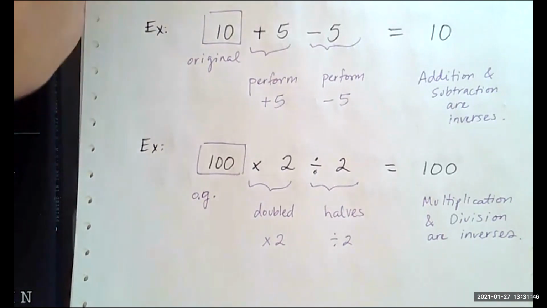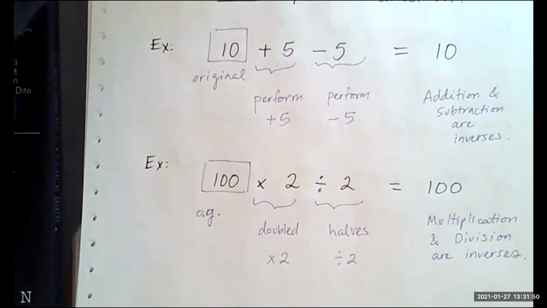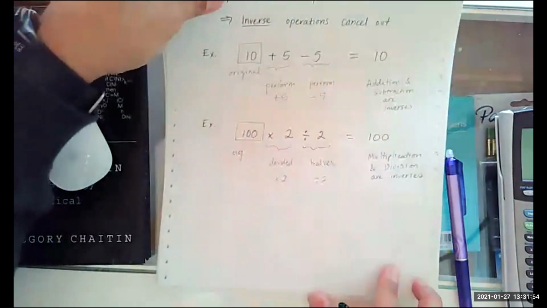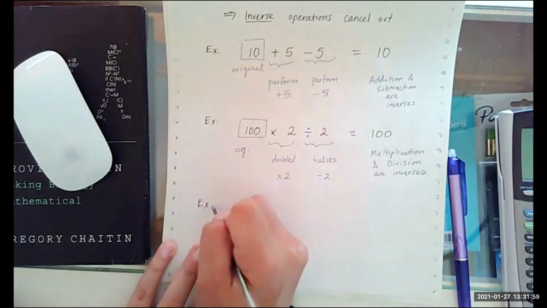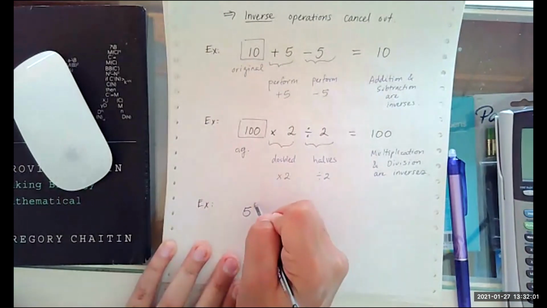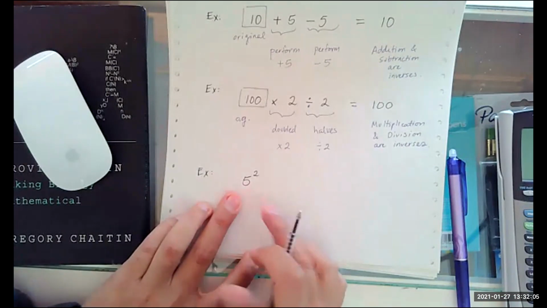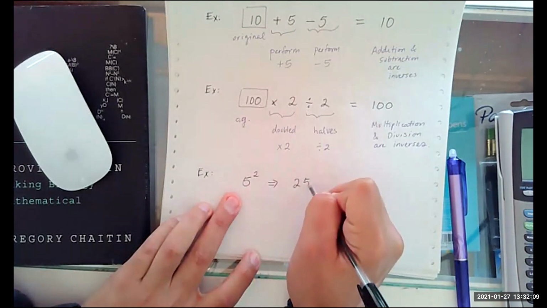Okay, well, it turns out that exponents have an inverse too, and that's this thing that we're calling roots. So let's think about this for a second. If I had 5 to the second power, 5 squared, I would get 25.